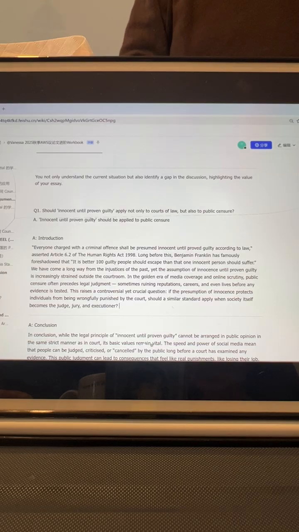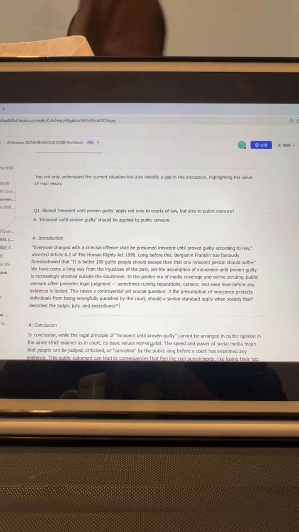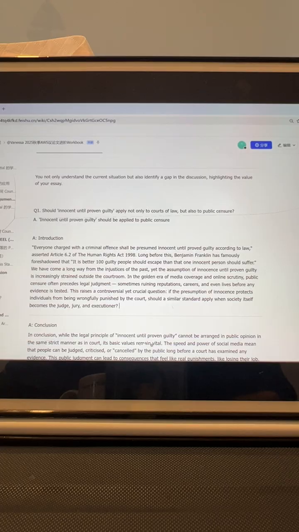Okay. I think that using the legal article and the Franklin quote as the hook is very effective. The background you offer is pretty clear and the core question is raised, so that's very good.